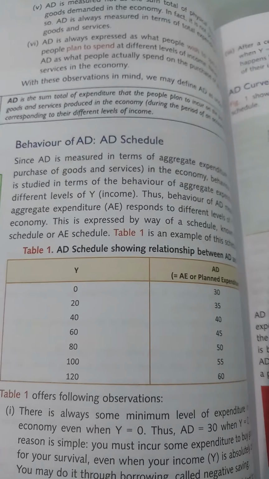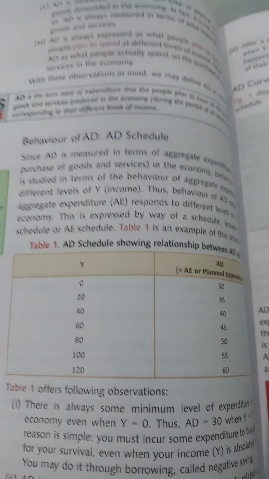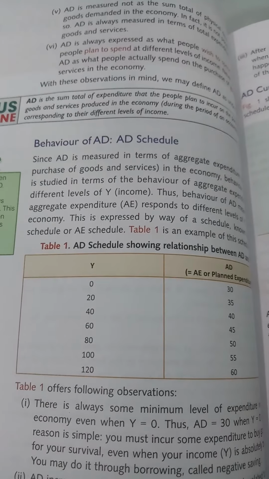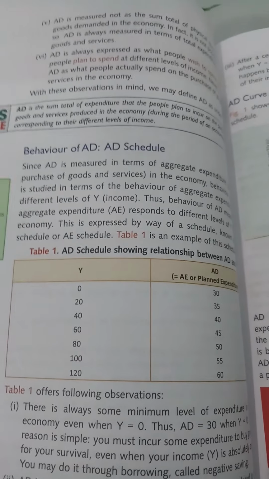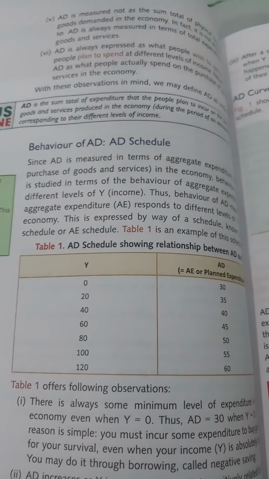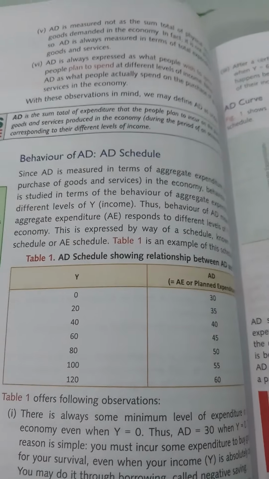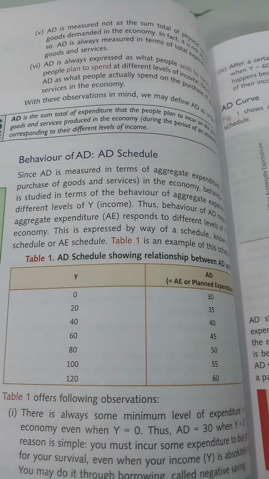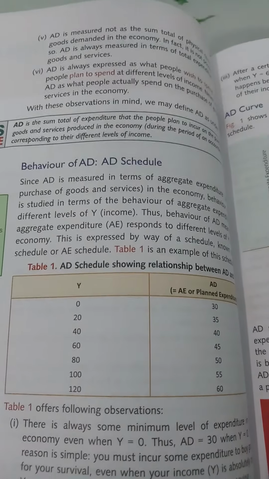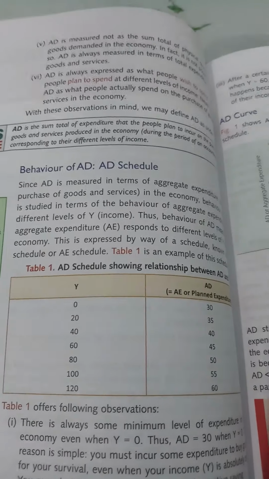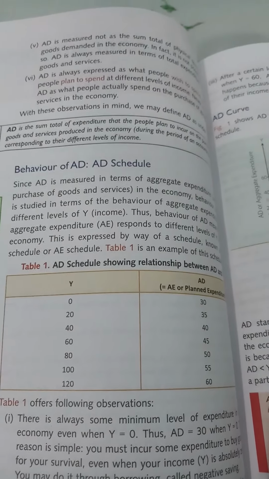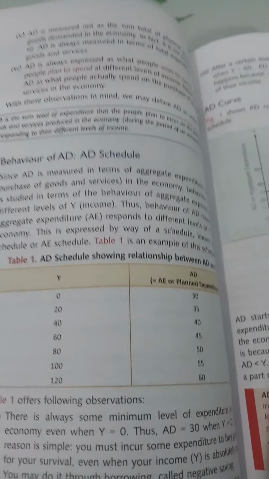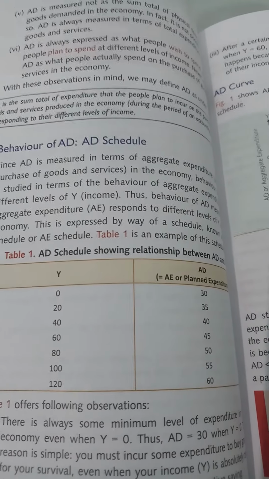AD can never be 0 because even at 0 income there will be some consumption made by the people. Even when income is 0, people do make an expenditure on consumption. So when they make an expenditure, there will be some value of AD, and so AD can never be 0.